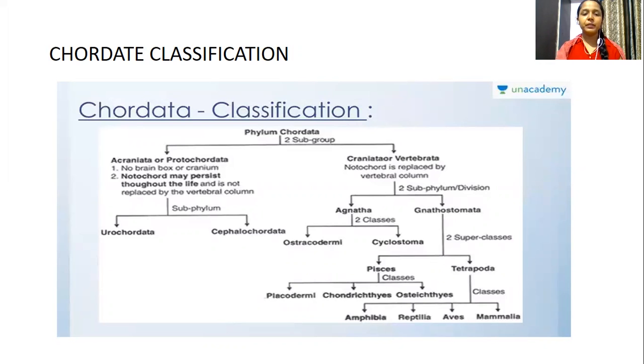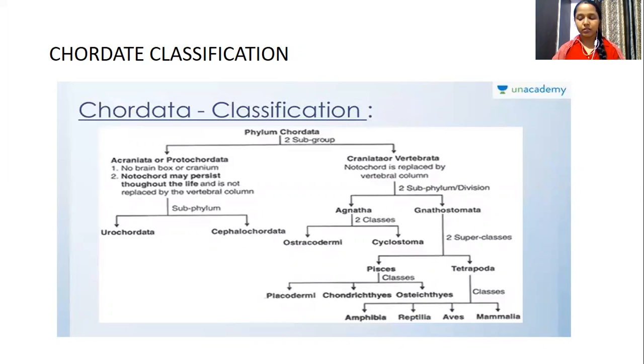The acraniata will be further subdivided into two subphyla, that is the Urochordata and Cephalochordata. Uro means the tail, chorda means the cord. So in the Urochordata, the notochord and the nerve cord are present only in the tail region. In very minute swimming tadpole individuals we will see these. So those are the urochordates.